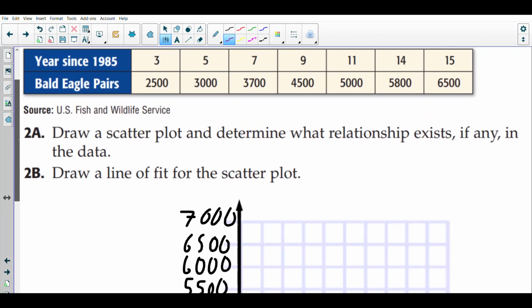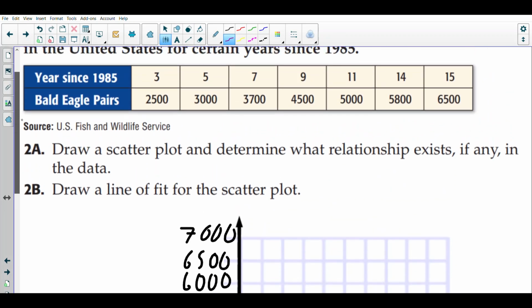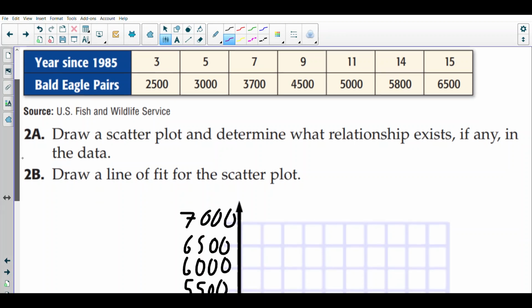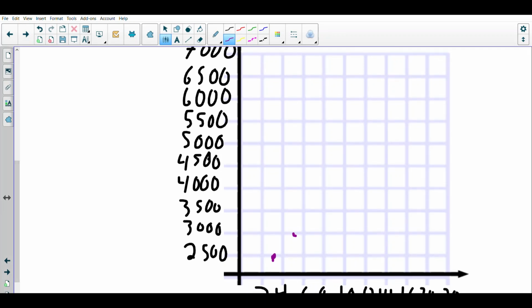Then we go to 5, 3,000. Then we have 7, 9, 11, 14. It skips on us, but 7 is at 3,700, right about the middle there.